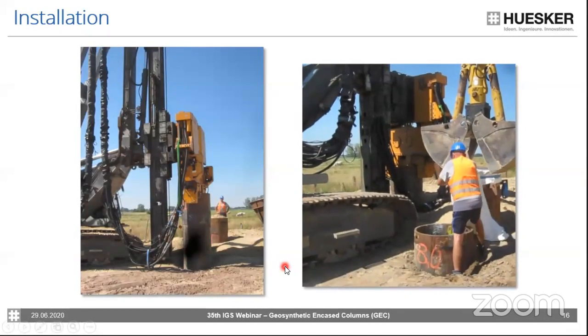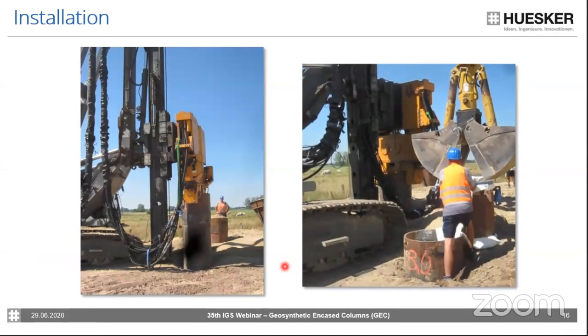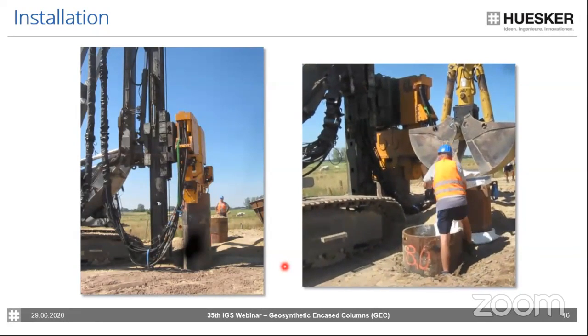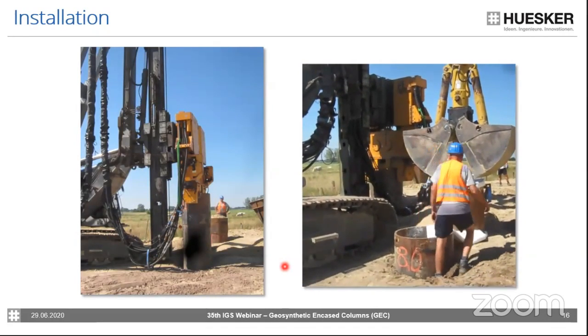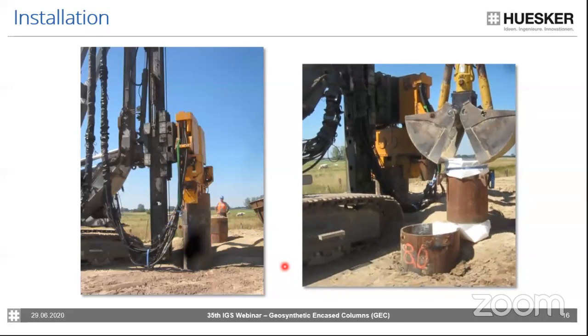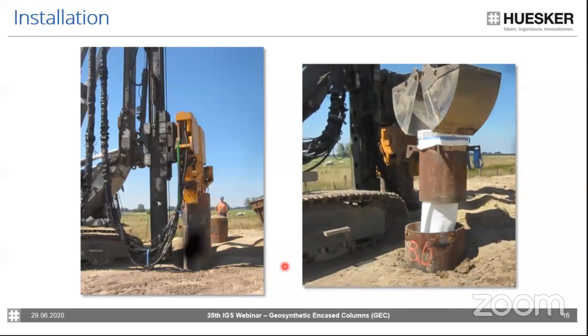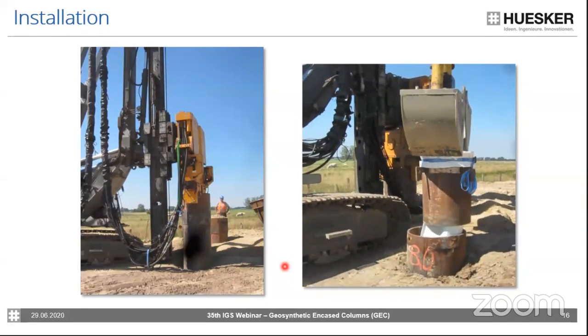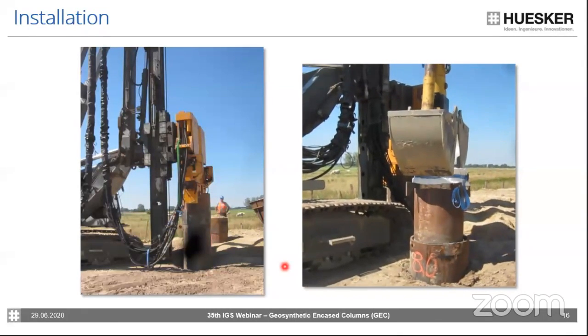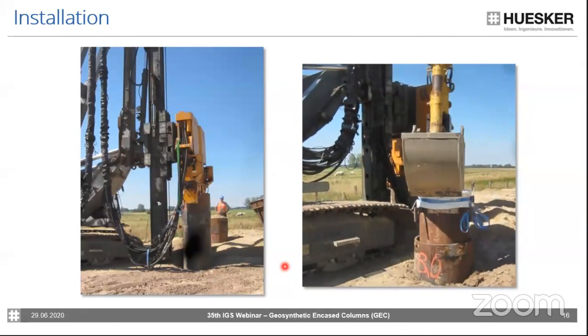And then going to the second video on the right-hand side, that shows that the geotextile is put into the empty steel pipe, and then normally a kind of adapter is used to place the sleeve inside.